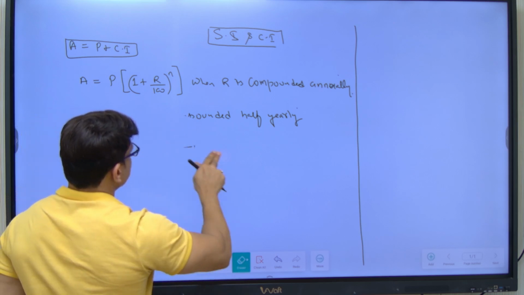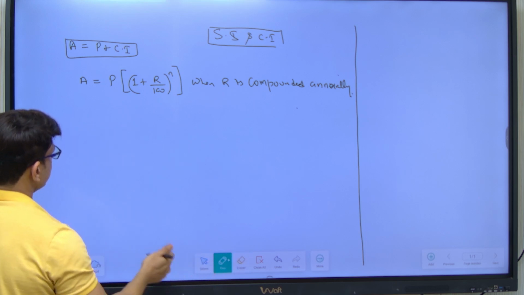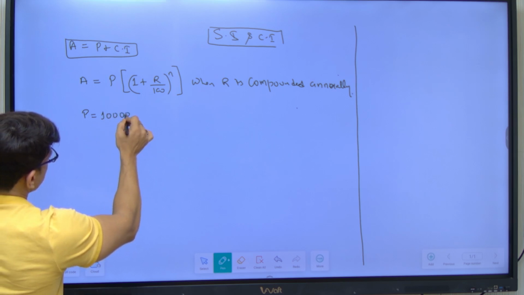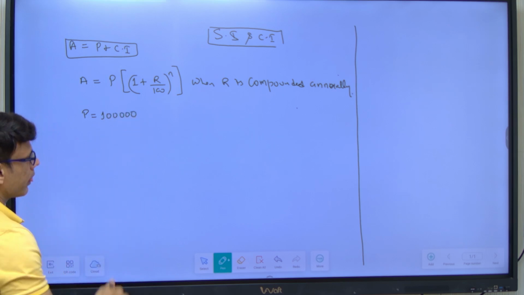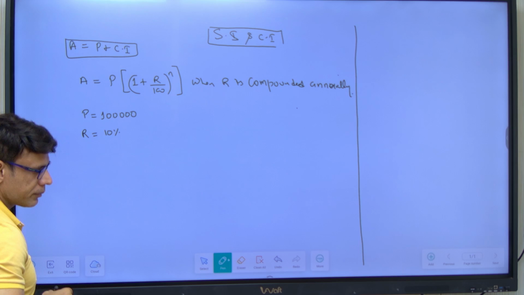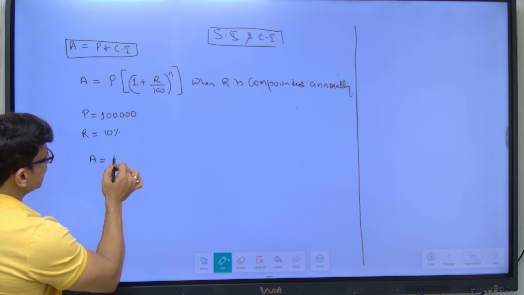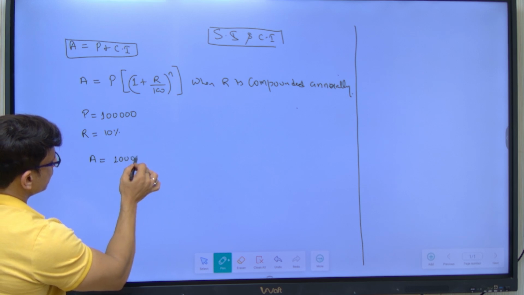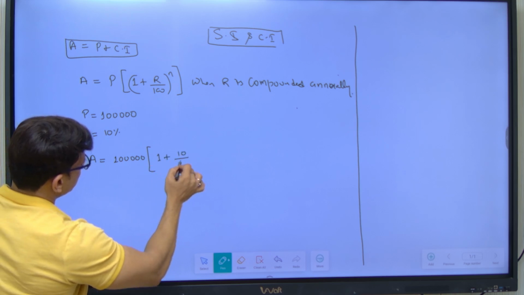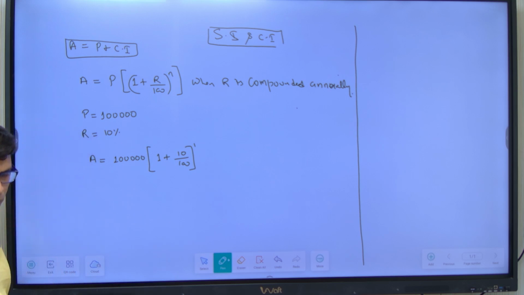In the first case, you take a loan of, let's say, 1 lakh rupees, and the rate of interest is 10%. So how much amount are you going to pay to the bank after 1 year? It is principal into (1 plus R, which is 10 by 100) raised to the power 1, because after 1 year you are going to pay interest.